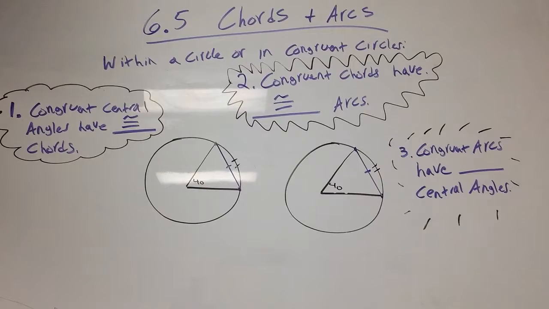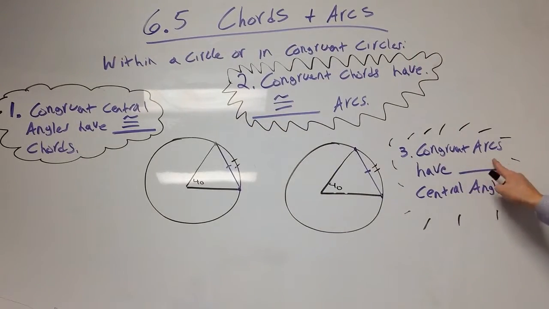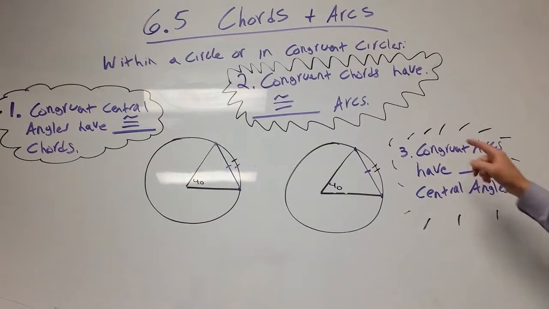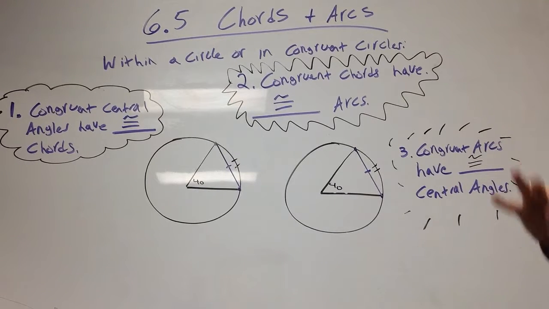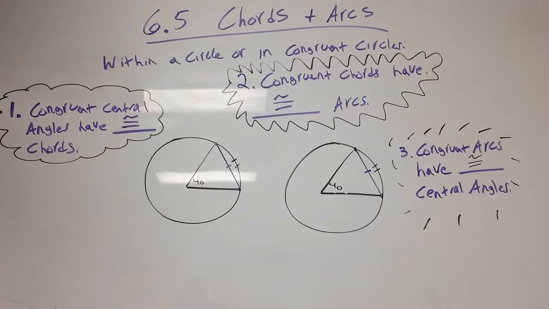And then lastly, since the arcs are congruent to each other, and we can already see the central angles are congruent to each other, congruent arcs have congruent central angles. Basically, these three things are always going to be true whenever everything is congruent.